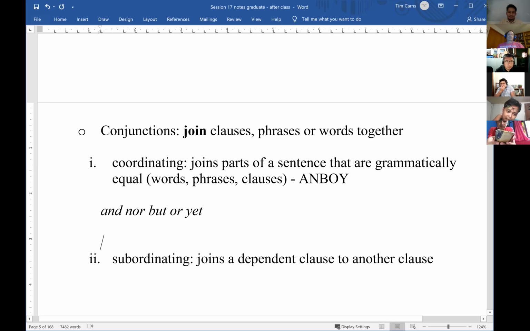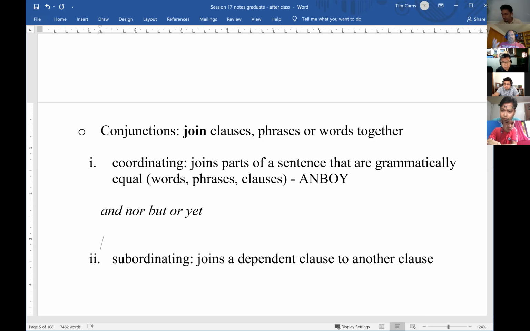Those five really are the coordinating conjunctions. So when we look at conjunctions in a paragraph or in a sentence, we look first, are they coordinating? If they're coordinating, that tells us something about what they're joining together. It tells us that what they're joining together are equal grammatically.